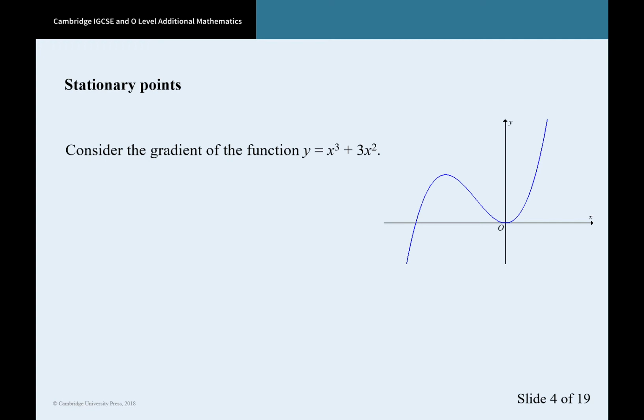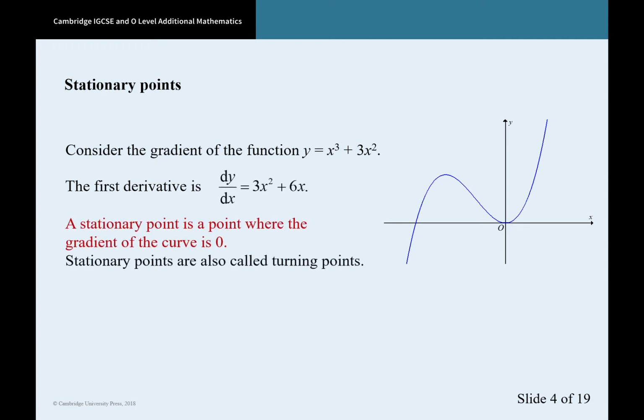Stationary point. Some of the books write it as turning point. So how to find the stationary point? Okay, first we differentiate the equation. Teacher already told you earlier, turning point means dy/dx is 0.